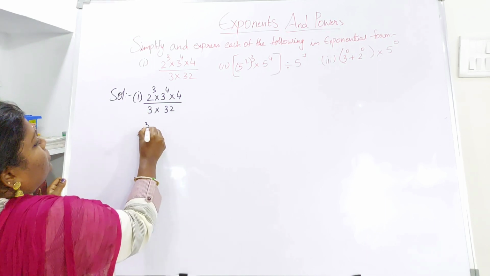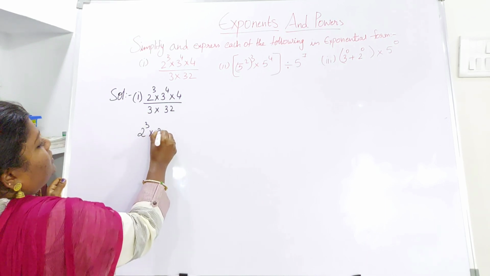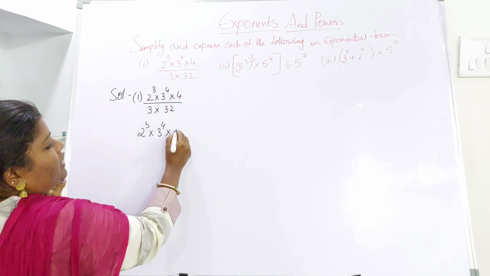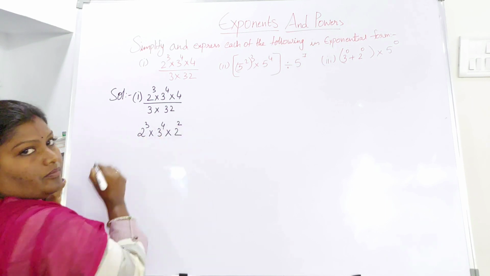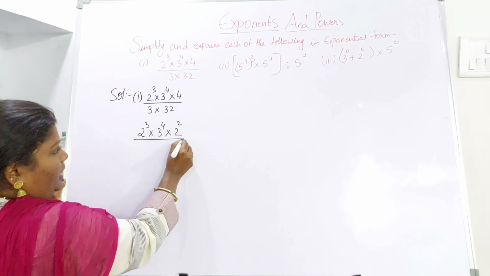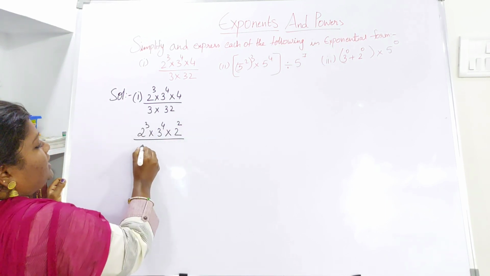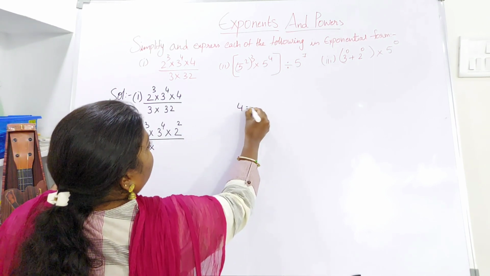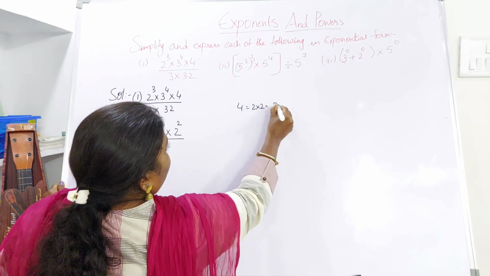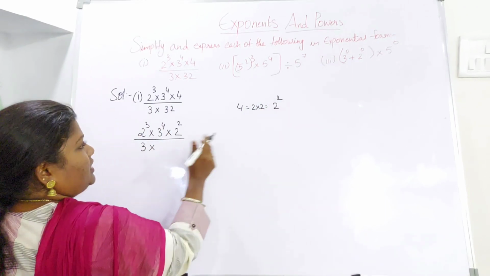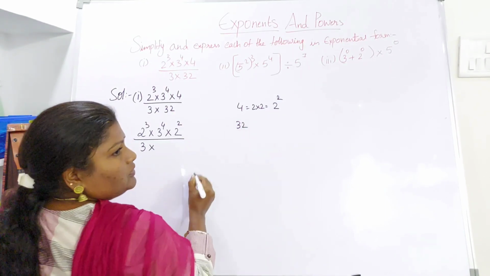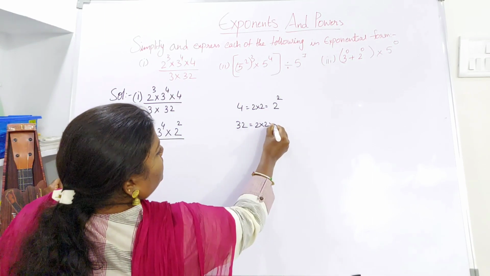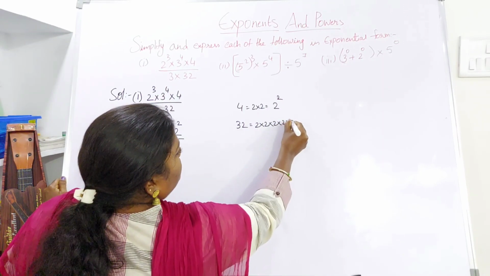So 2 cube into 3 to the power of 4 into, and this can be written as 2 square by 3 into, and here you can see that 4 is nothing but 2 into 2. So this can be written as 2 square. In the same way 32. So 32 is nothing but 2 into 2 into 2 into 2 into 2.